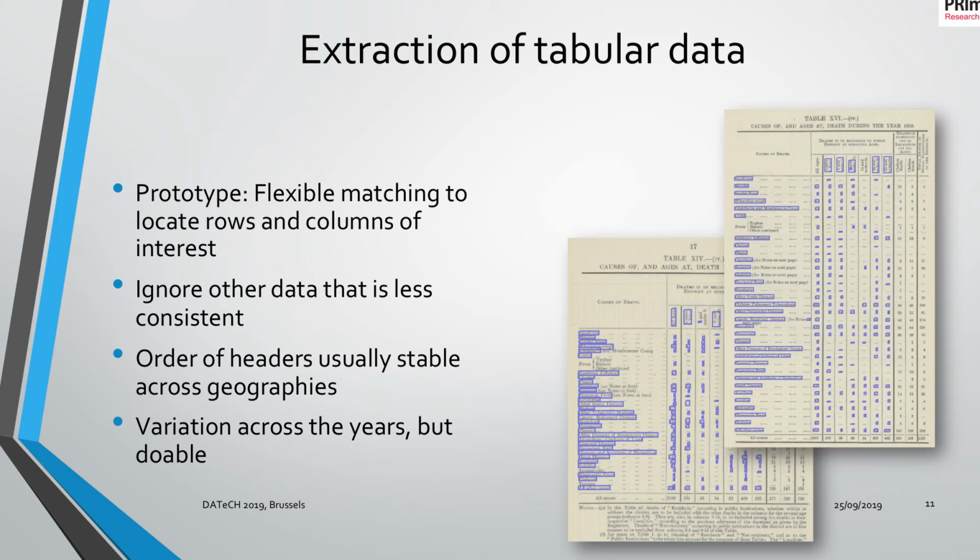So in the table from top to bottom, you have different causes of diseases and death, and they appear in that order. So that is a data model you can use, and based on that information, you can do some flexible text matching, string matching, and find the column headers. Even if there are some gaps in between, you can just ignore. Also extra columns you can ignore, because, as I said, there's maybe some extra data they had for one district, but you can ignore it for the overall picture.